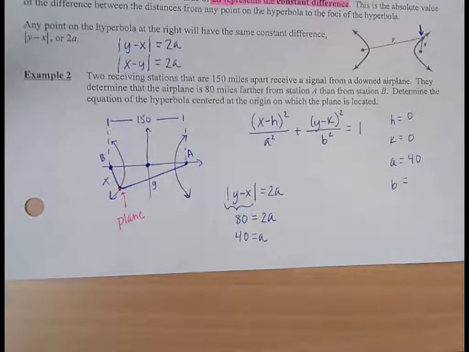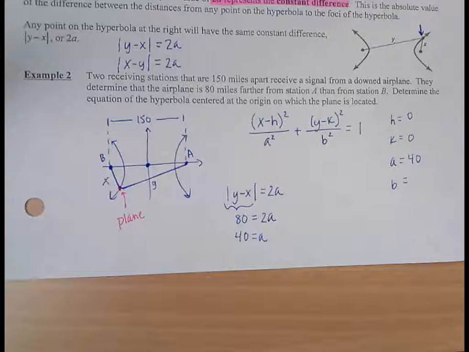Anybody know what we can gather from that in order to help us find b? 150 wouldn't be c squared, but we can use it to help find c.